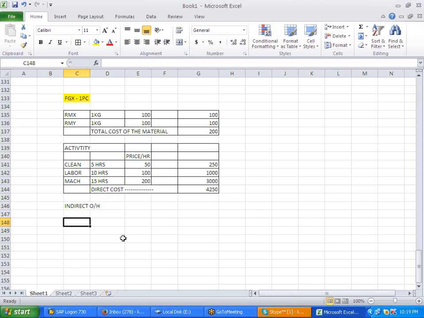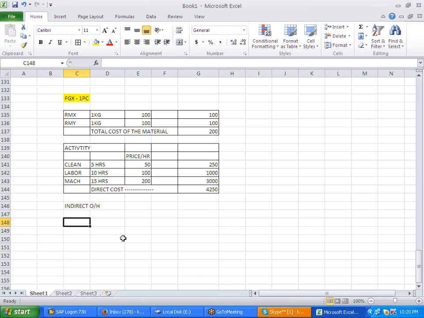Suppose it's a huge company with hundreds of machines, you will keep meters across all the machines. It's not calculated like that, it's cumulative. That way is not possible. I never suggest a client go for separate meters if they want to keep it as a direct cost.